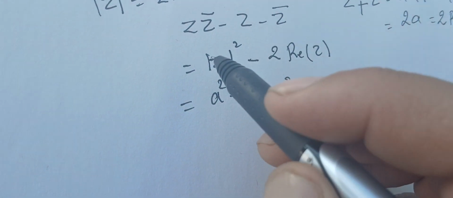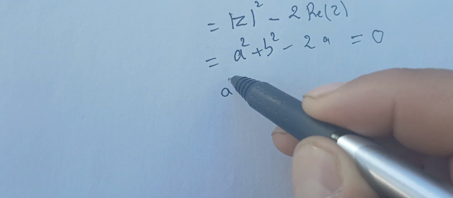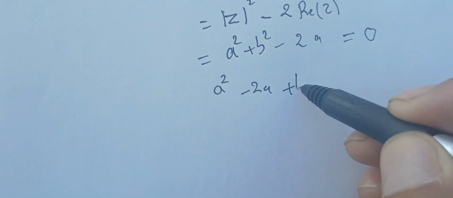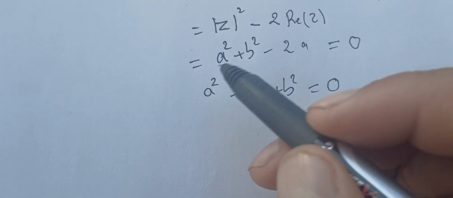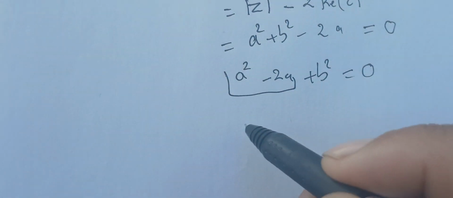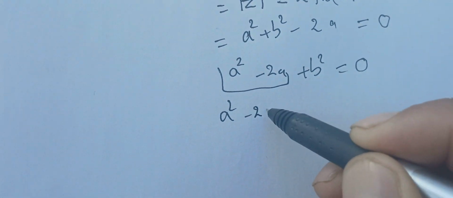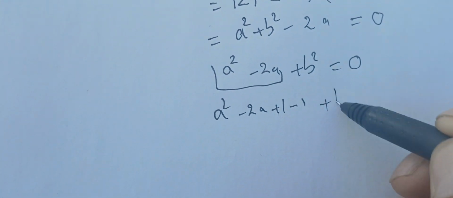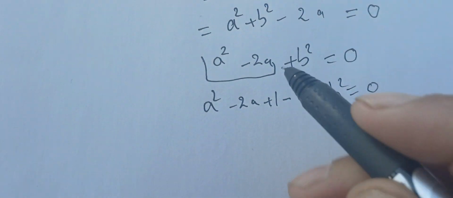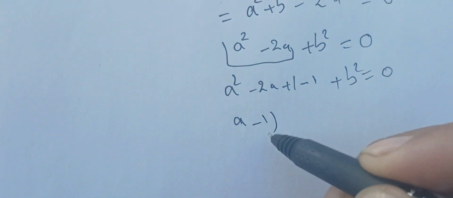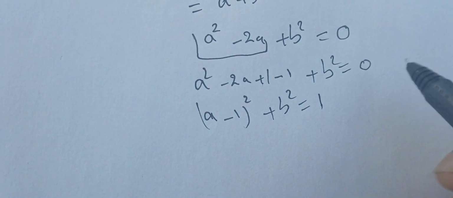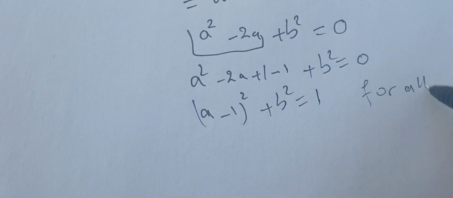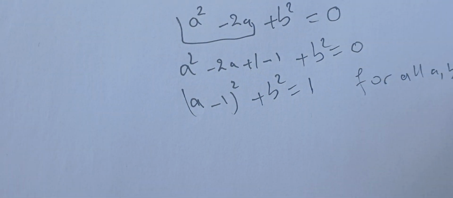Now we have a squared minus 2a plus b squared is 0. We can complete the square here. We add and subtract 1, and we see that this is a minus 1 squared plus b squared is 1 for all a and b real.